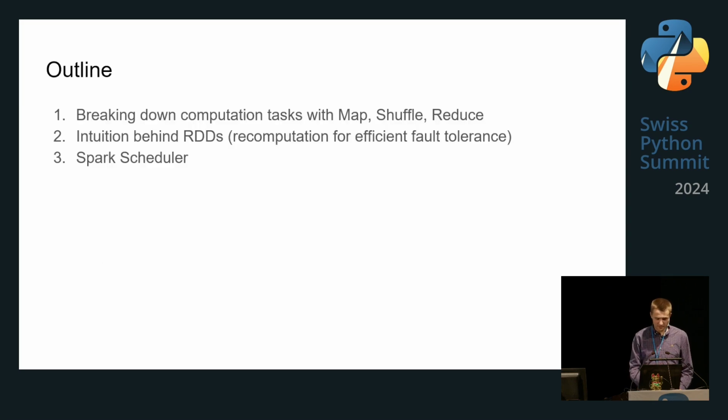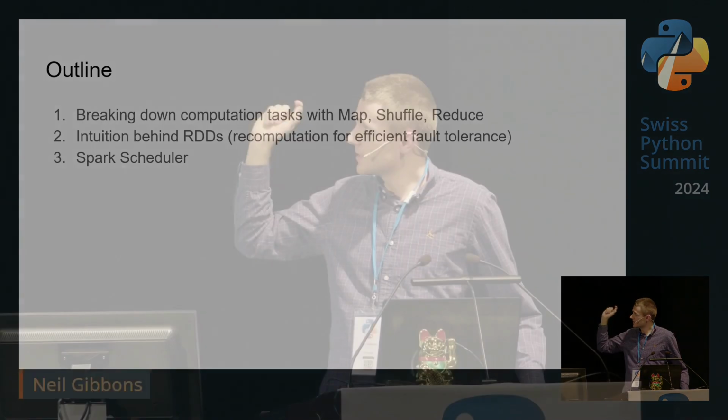I think I'm basically out of time, but just to give a recap of what I spoke about: what Spark is at a very high level is just another in a long line of methods of breaking down a computation task into these map, shuffle, and reduce stages.